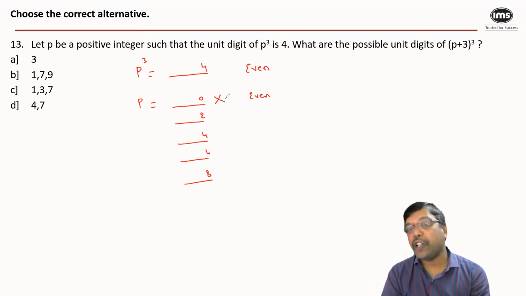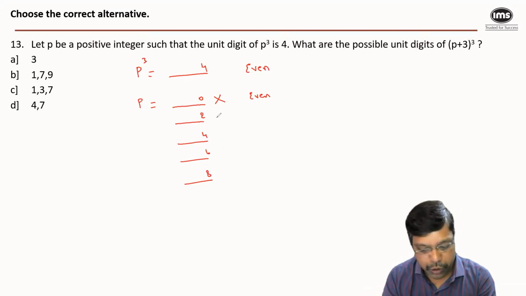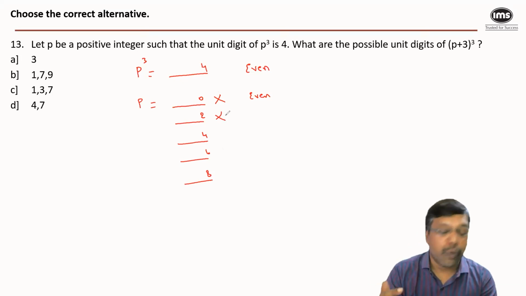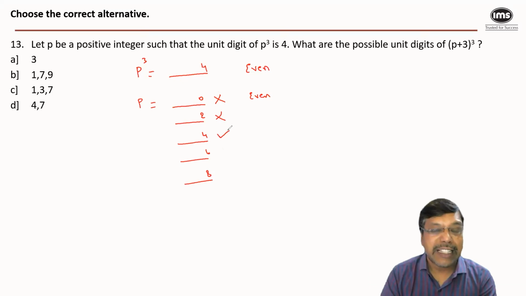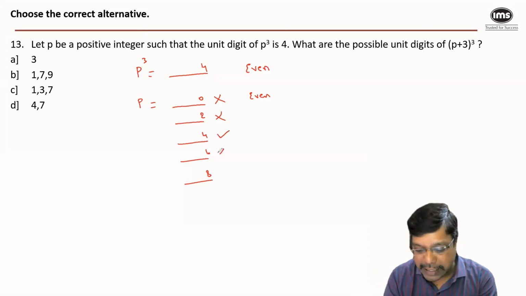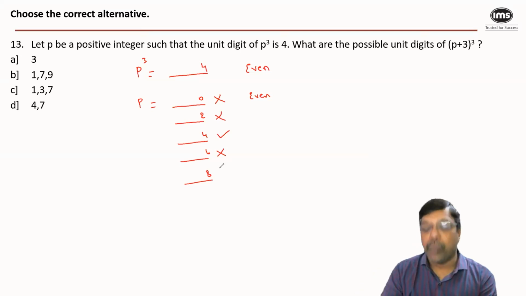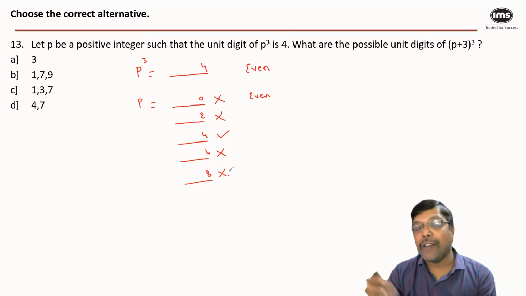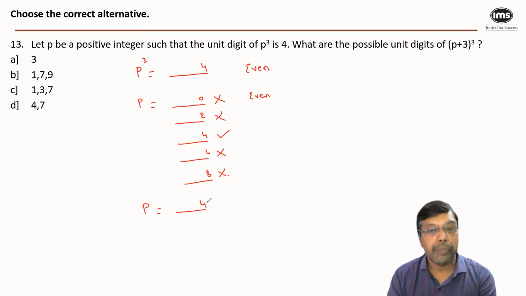If P is ending with 2, then P cube will end with 8. So not. If P is ending with 4, P cube will end with 4. If P is ending with 6, P cube will end with 6. And if P is ending with 8, P cube will end with 2. So from here, I can confidently determine that P is a number that ends with 4.